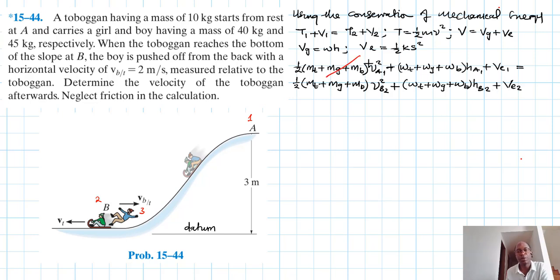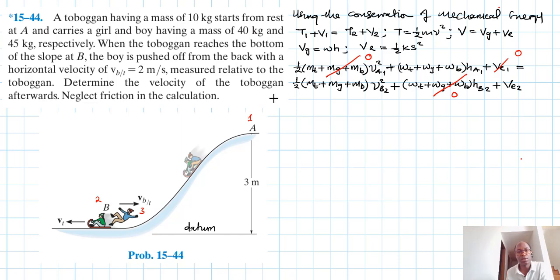Of course this part is 0, this part is 0. Which other parts are zeros? This part is also 0, and therefore what we only have is this.